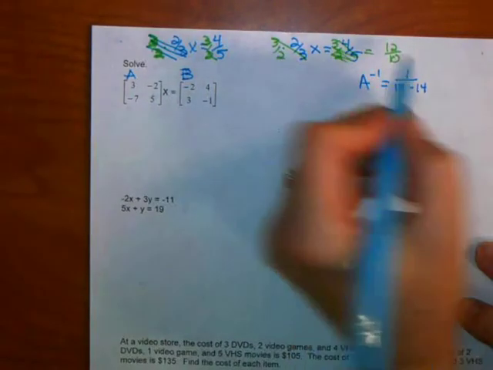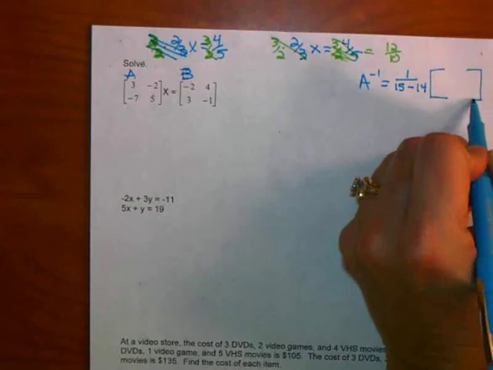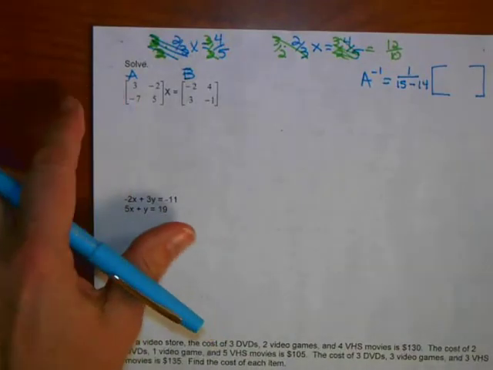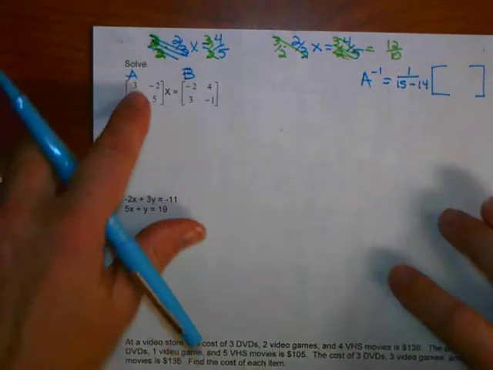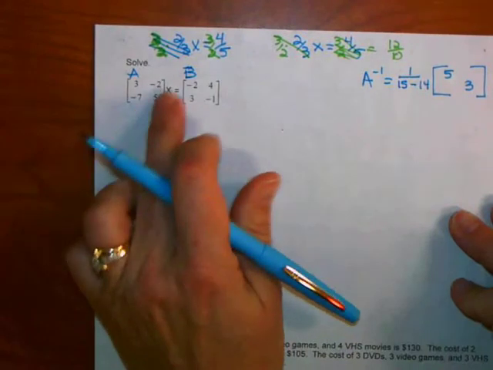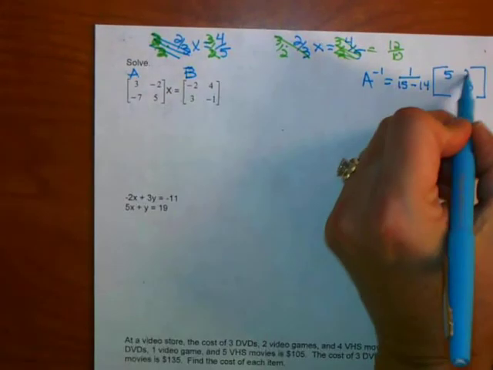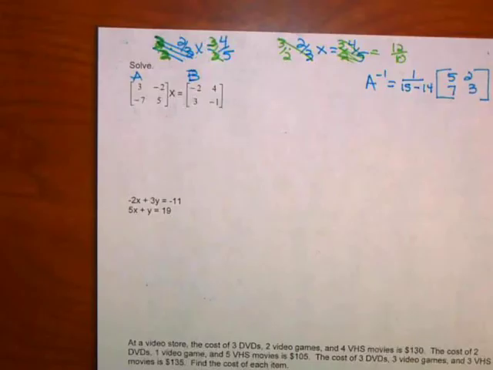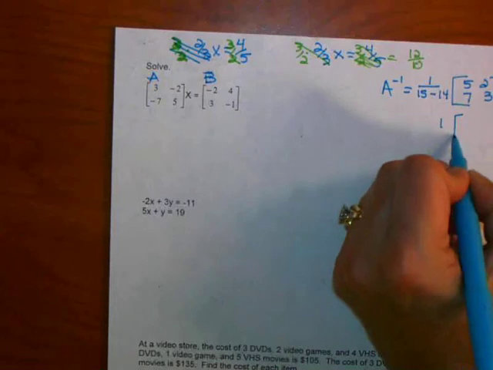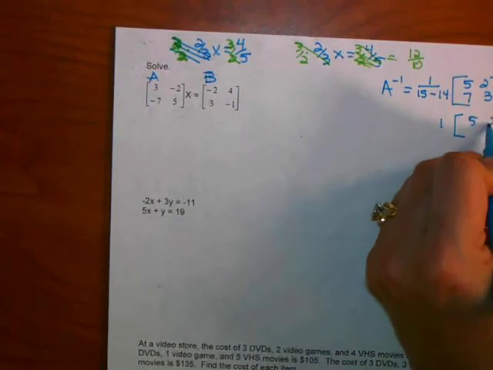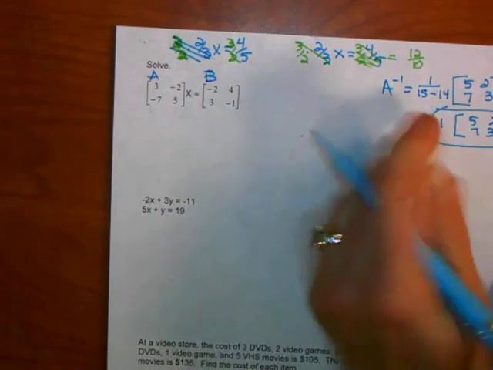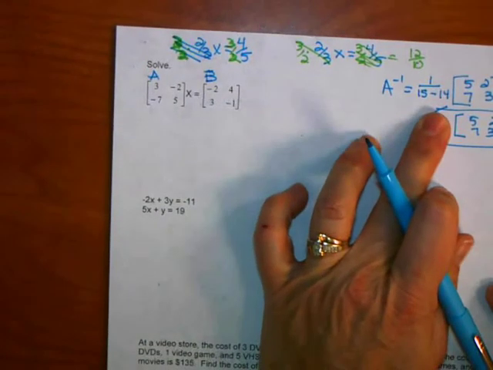And then for this matrix, what do you do? Not really flip, but you switch the positions of A and D, and you change the sign of B and C. So there's the inverse. This equals 1 times this. So my inverse is actually just this, correct?